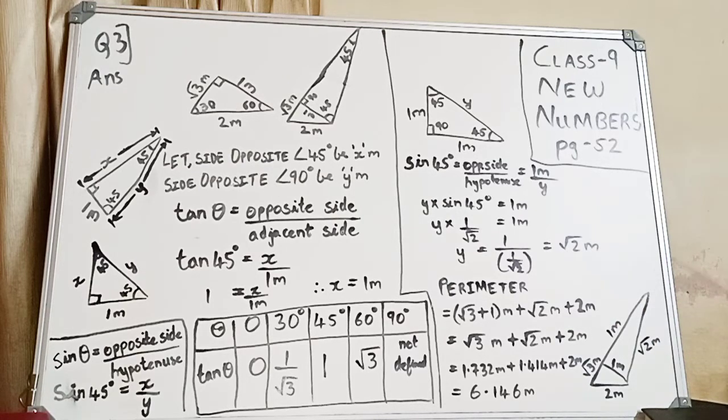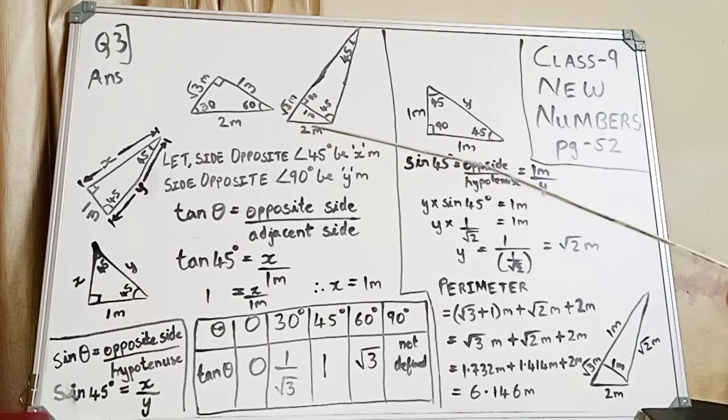Okay, in our previous class we had seen how we got these three sides. We got this side as root 3 meter, this as 1 meter, this is 2 meter already given in the question. So just by seeing the angles we could determine the sides.